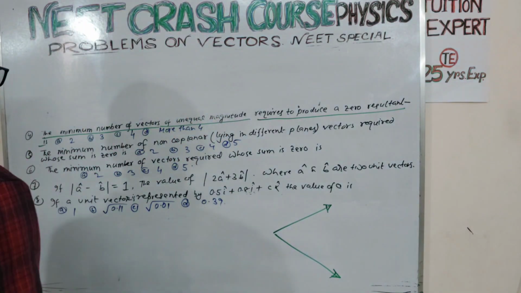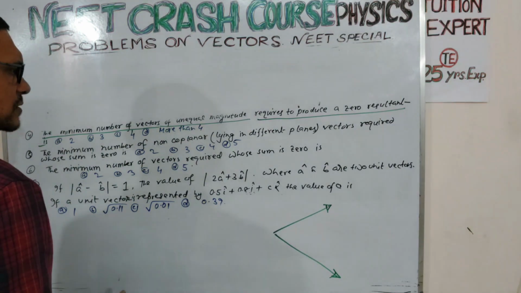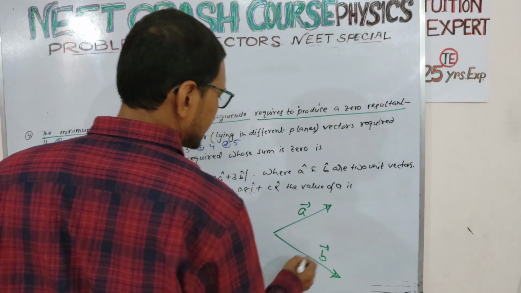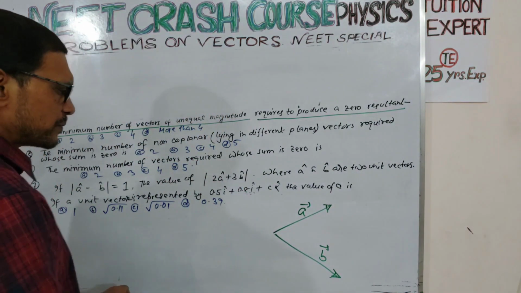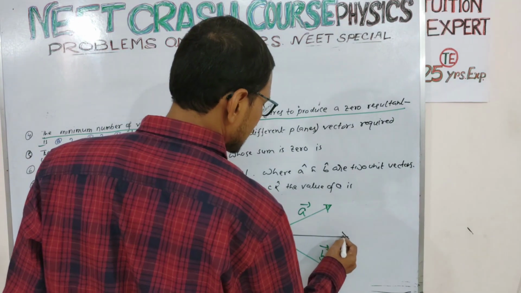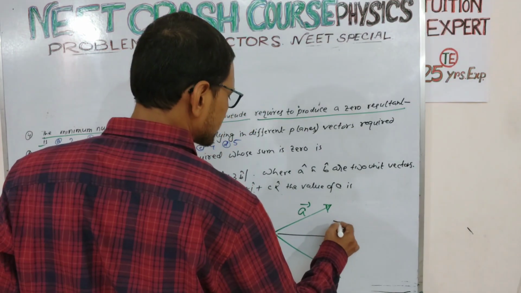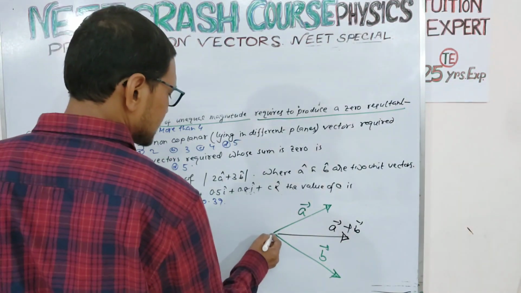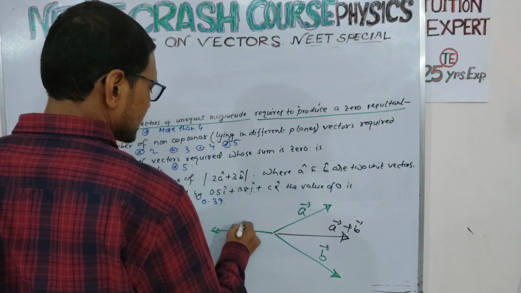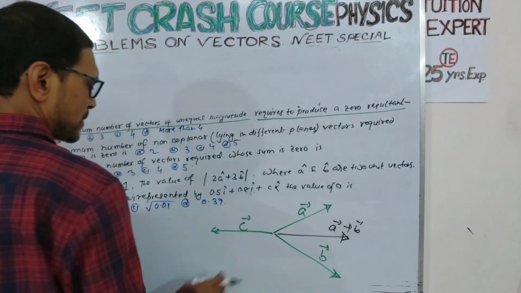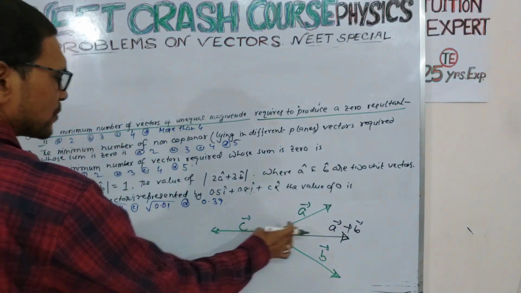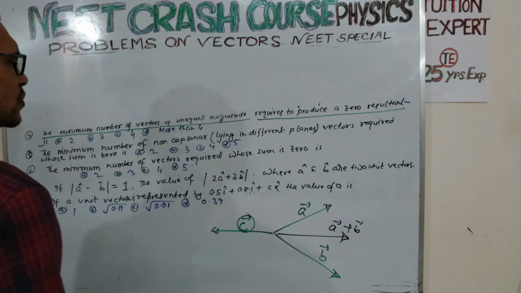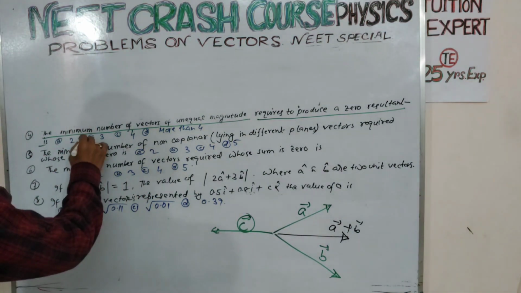Minimum number means we consider the 3 coplanar vector, then A, B, the resultant of A, B may be in this direction, this is resultant of A plus B, and another vector if we take just opposite of this, magnitude equal but direction is opposite, then the addition of this and this may be 0. So answer is here 3.